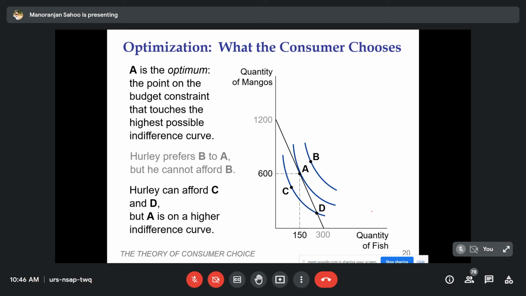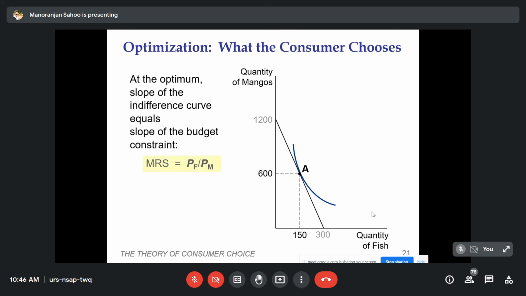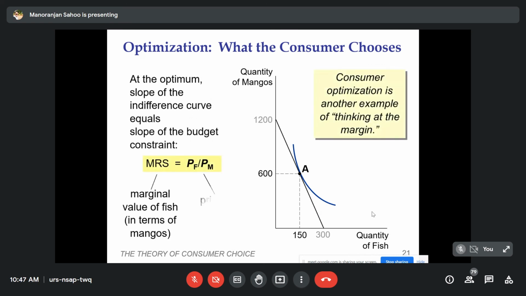So here you can say the slope of the indifference curve is equal to the slope of the budget line. Okay? We know the slope of the indifference curve is the marginal rate of substitution.